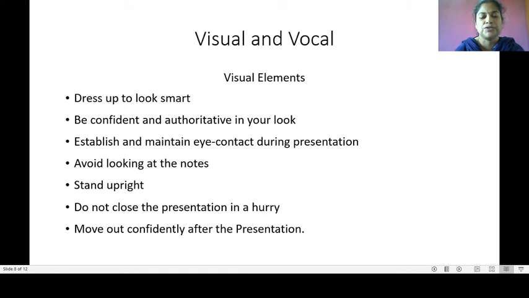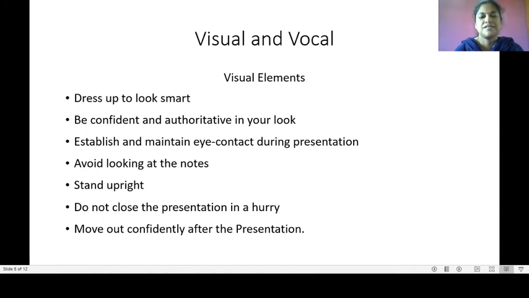And one more thing which the presenter should have in mind is to establish and maintain eye contact during presentation. Eye contact plays a major role because if you have eye contact with the audience, it means that you get their attention. You know whether the person is listening or not. Try to maintain the eye contact with the audience.